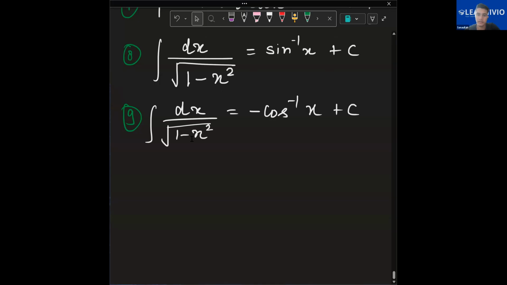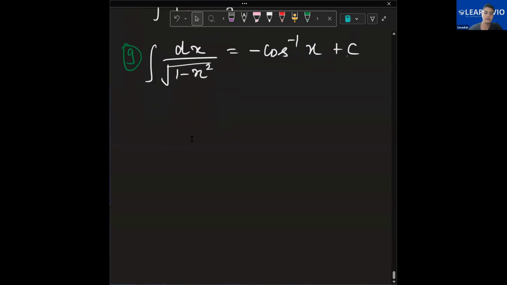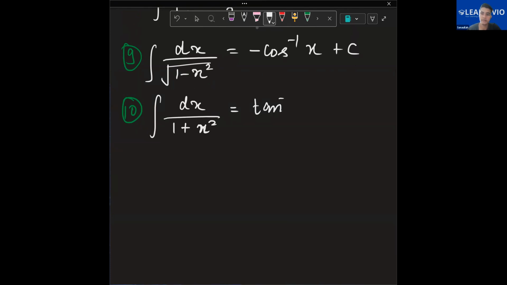You have to see what is required of the question. Okay. Now the very famous and very important integral, that is the integration of 1 upon 1 plus x square. आसान भी होता है याद रखने में और बहुत इंपॉर्टेंट भी है. So this is tan inverse of x plus c.